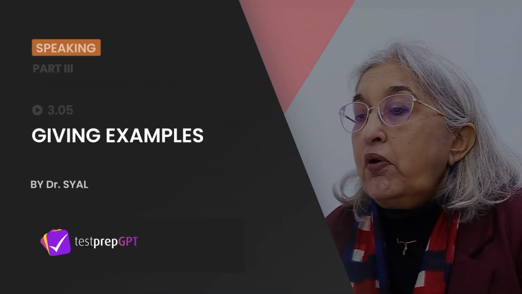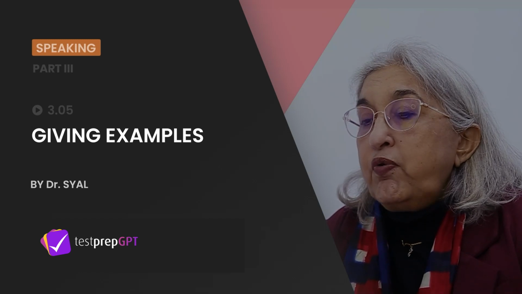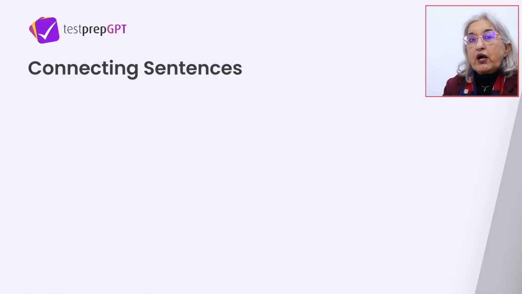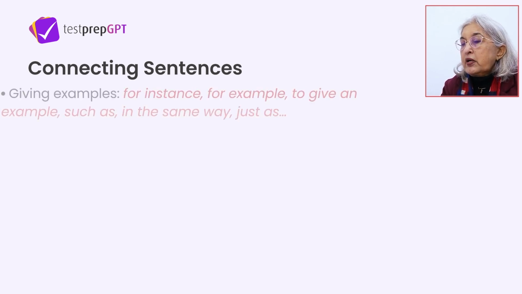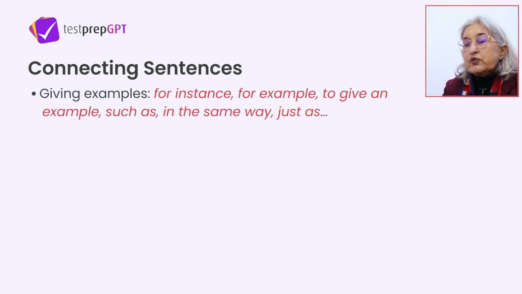Now we will go on to what other things you do when you are discussing your topic. One is giving examples. I mentioned earlier that giving examples is important. How do you add linkers to indicate that you're giving an example?